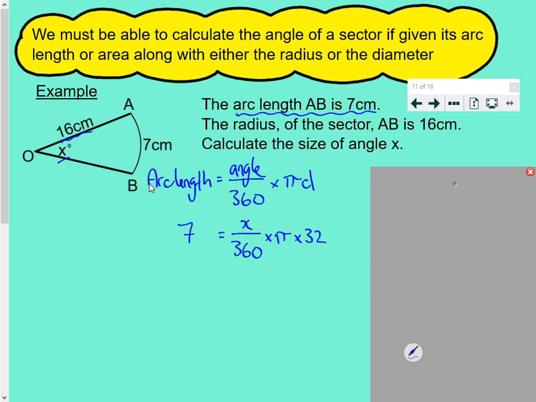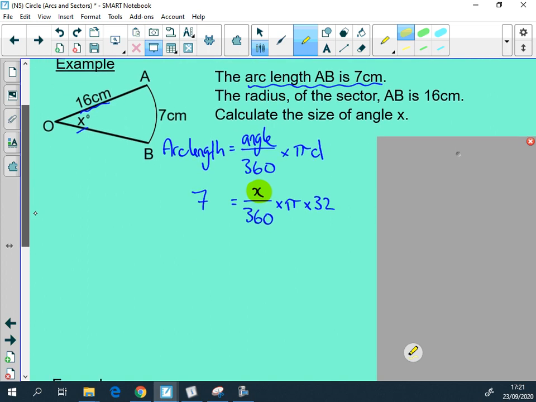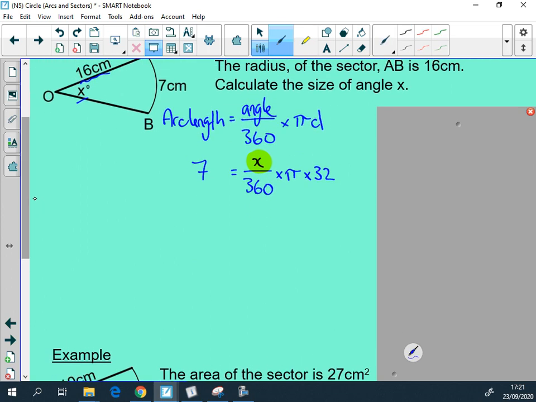Now, I need to rearrange this to solve for x, so it's the exact same as solving an equation. So x is here, that's the thing that I want to try and solve for. So when I'm solving this, I can see that I am timesing by pi, and I'm also timesing by 32 at the same time. So I can divide by both of these in one step.